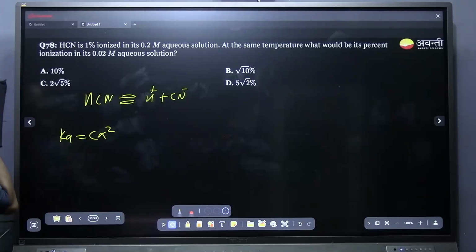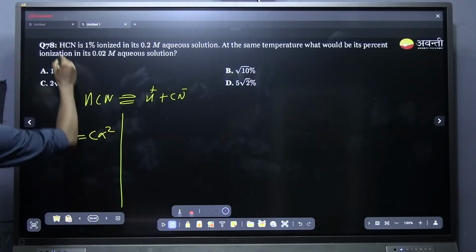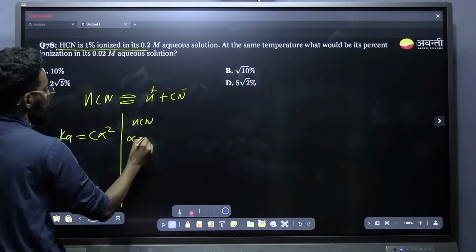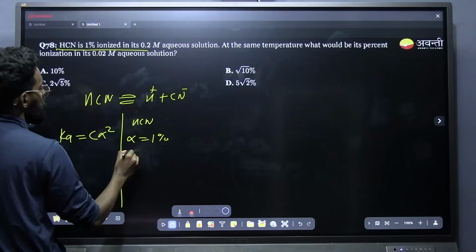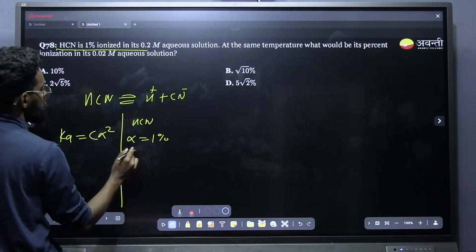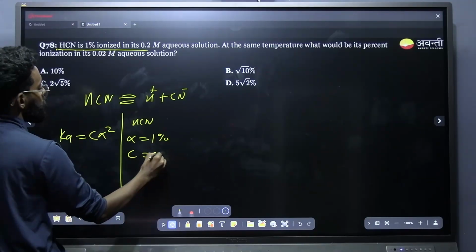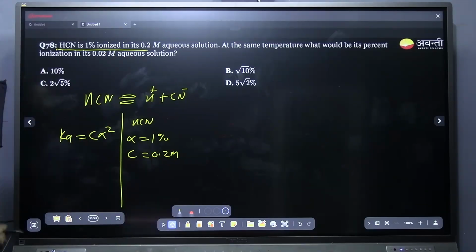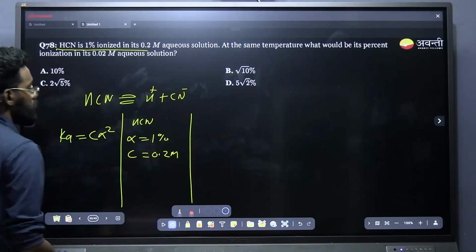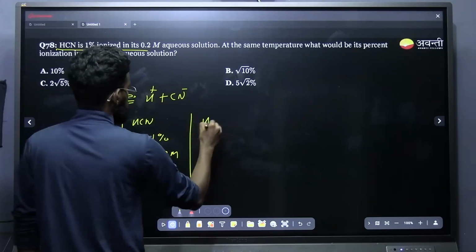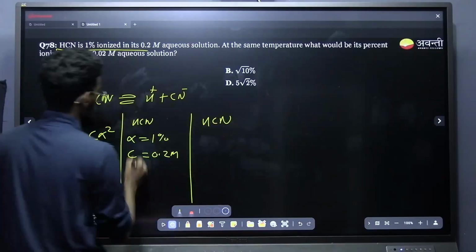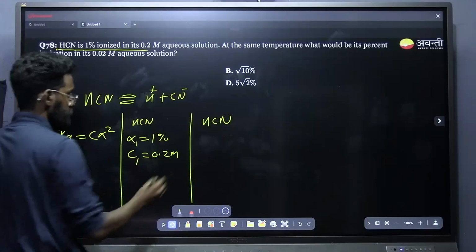Now we can see the conditions. If HCN is 1% ionized, alpha is equal to 1% and the concentration C is equal to 0.2 molar. At the same temperature, what would be the percentage ionization in 0.02 molar? If I am changing the concentration, let's suppose this is alpha 1, this is C1.